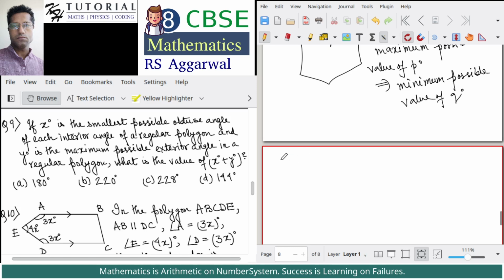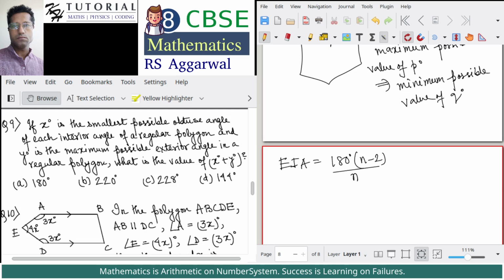Now we know that for a regular polygon of n sides, each interior angle is equal to 180 degree multiplied by (n minus 2) by n.